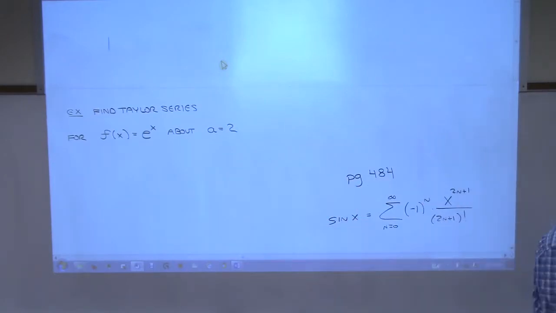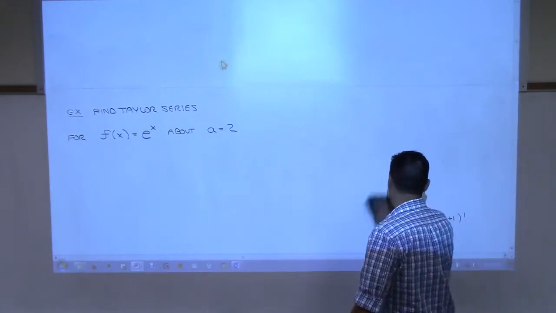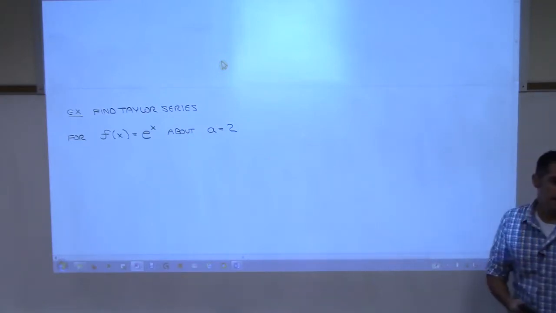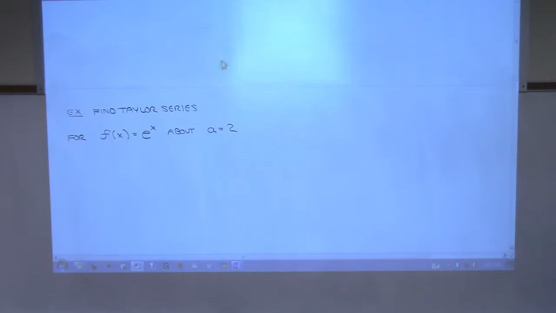We're going to do our first example, a Taylor series now. The difference between a Taylor series and a Maclaurin series is that a is 0 in a Maclaurin series, and with a Taylor series, a can be any number.